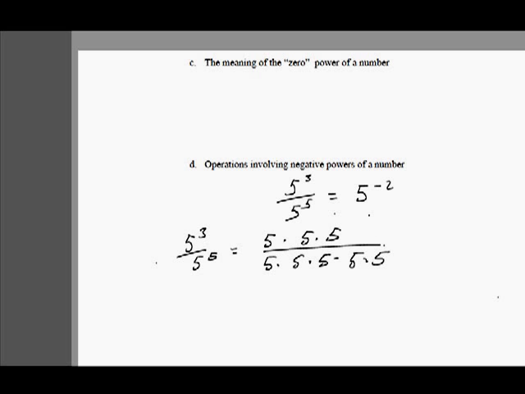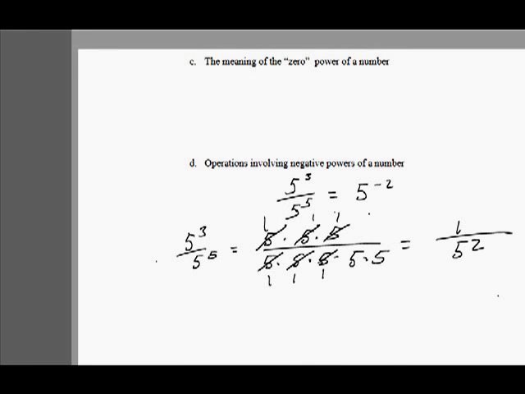And now we can apply what we learned in an earlier lesson, dividing numerator and denominator by common divisors. That leaves us with the products in the numerator 1 times 1 times 1, which is equal to 1. The denominator is 5 times 5, or 5 squared.